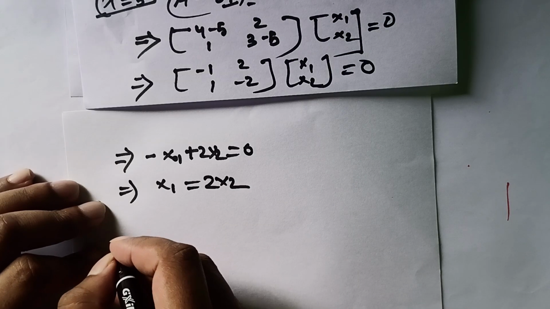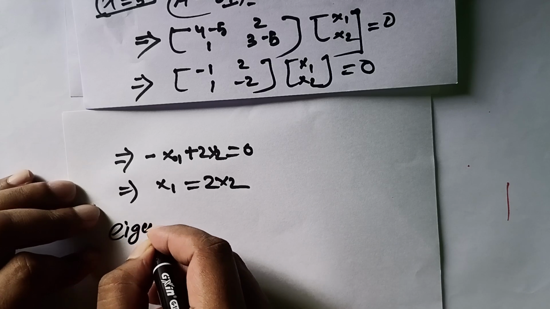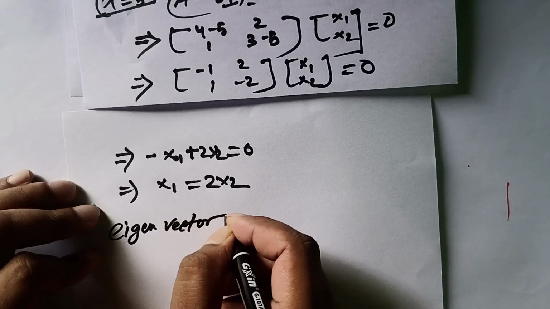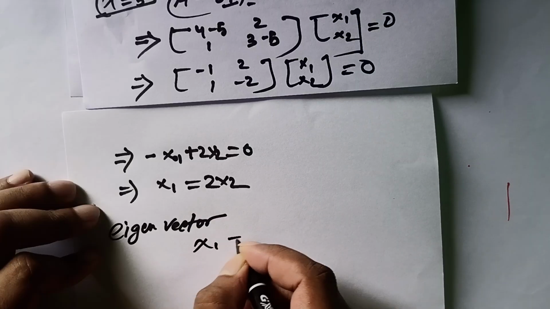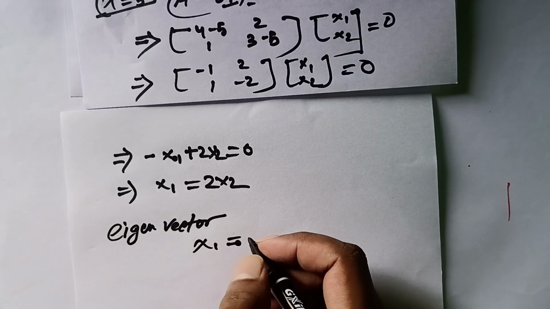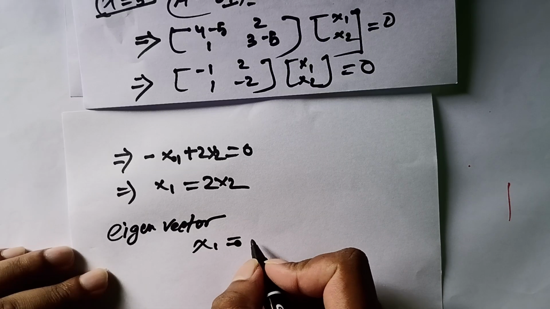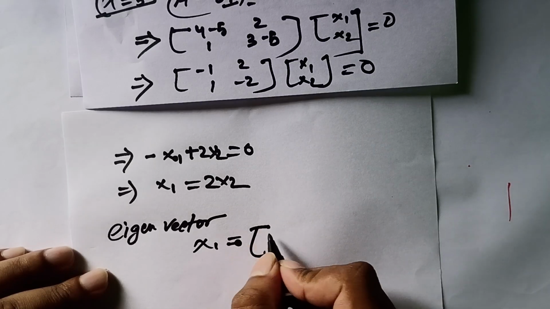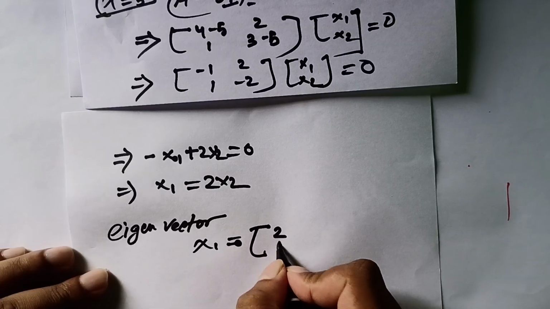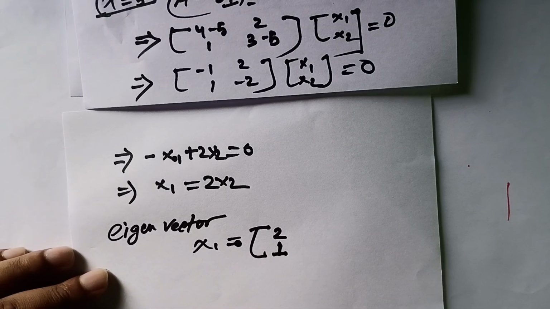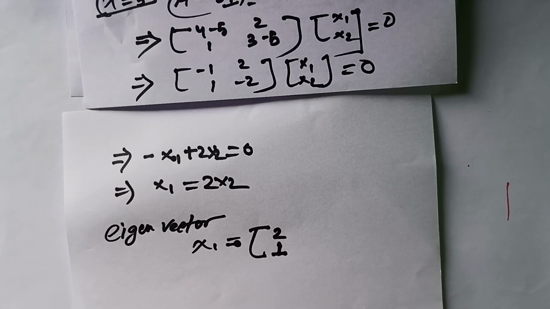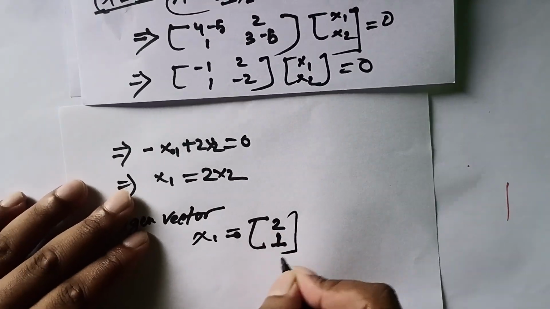So for the eigenvector, x1 is equal to [2, 1]. Why?